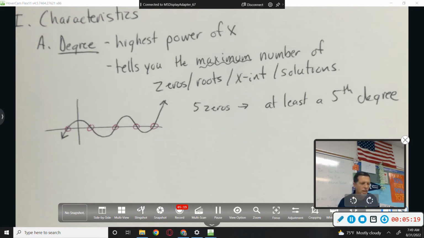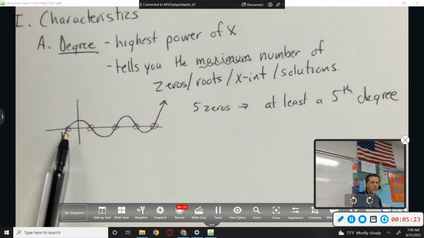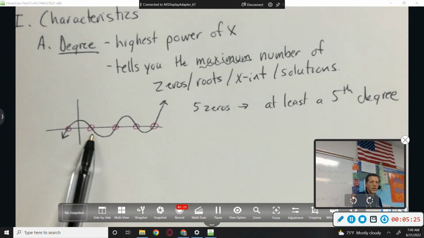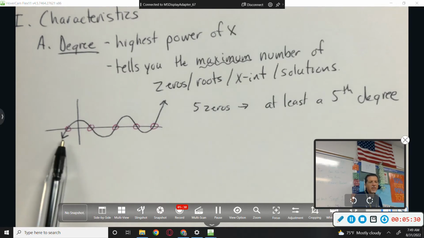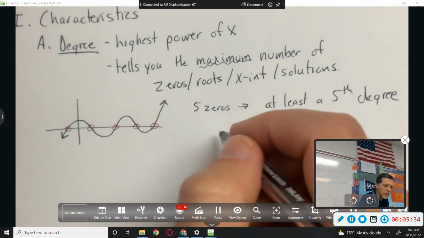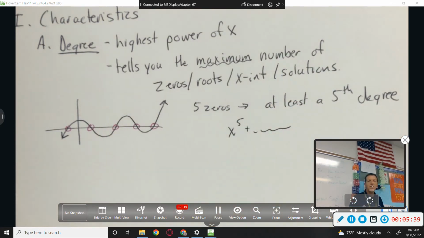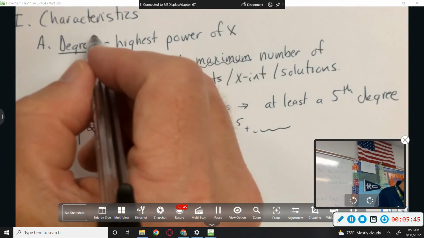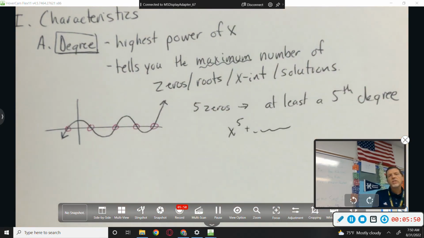I think you can think that through because each of those zeros would have come from a factor. So that one might be x plus 1, x minus 1, x minus 3, x minus 5, x minus 8, whatever. 5 factors. If you multiply them all out, I don't know what you'd get, but I do know you'd get an x to the 5th, and then a whole bunch of other stuff. So degree and number of solutions goes together.